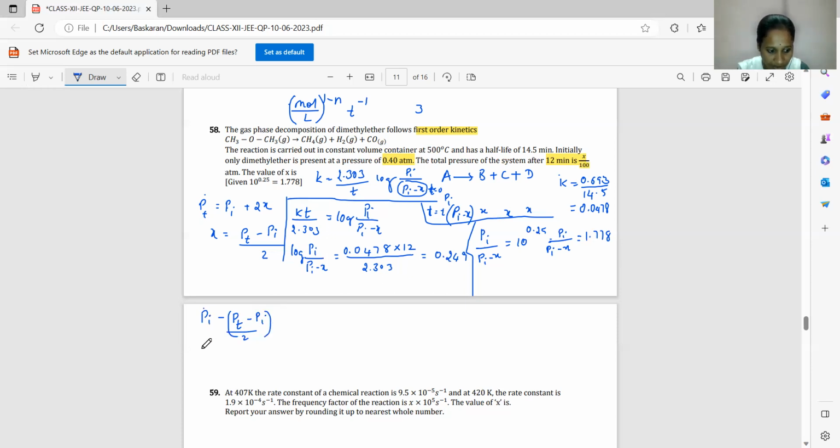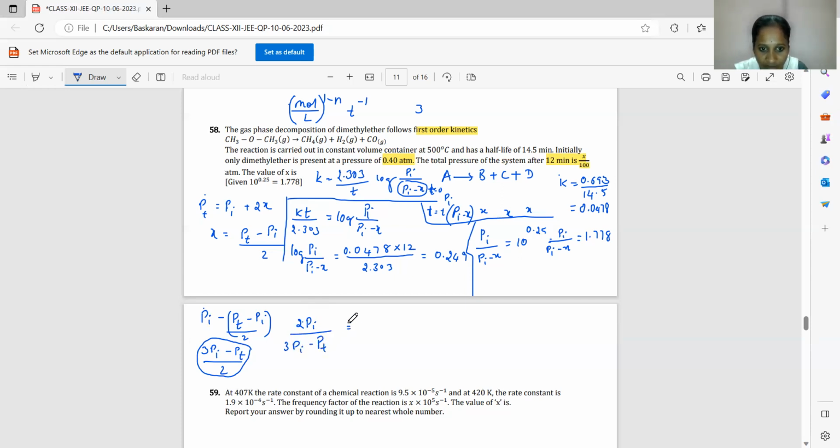On simplification, you will get (3Pi minus Pt) divided by 2. Now substituting this entire value in this expression, 2 will go to the numerator, and hence I will write 2Pi divided by (3Pi minus Pt).